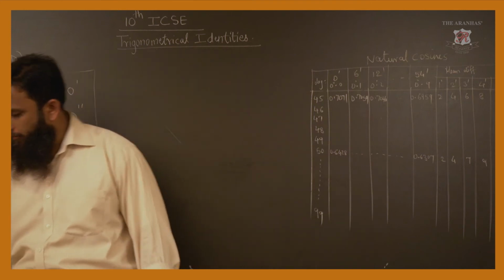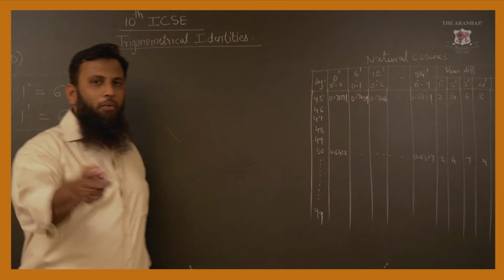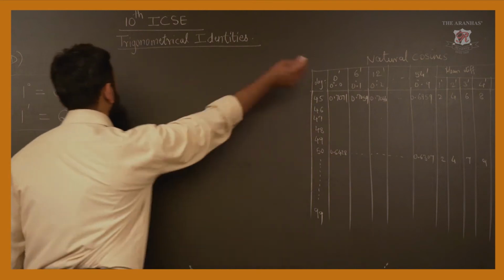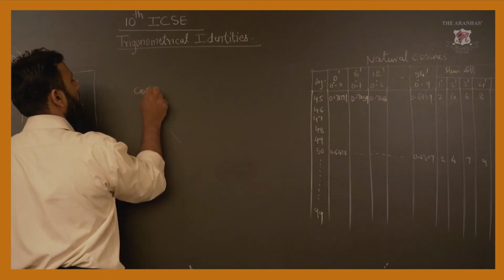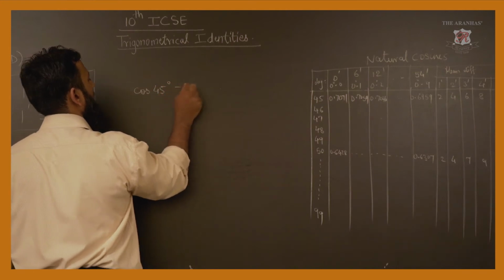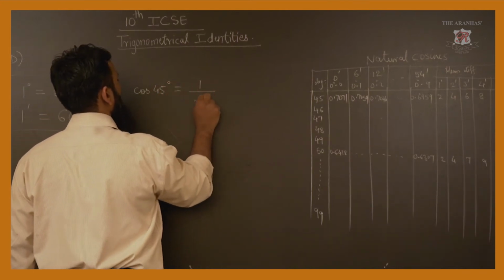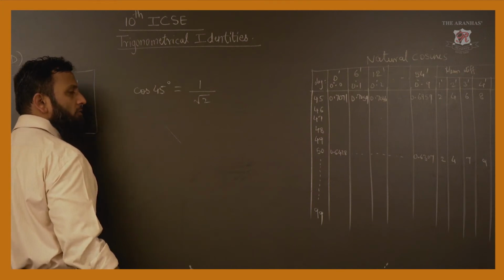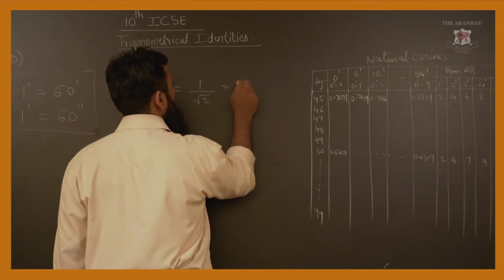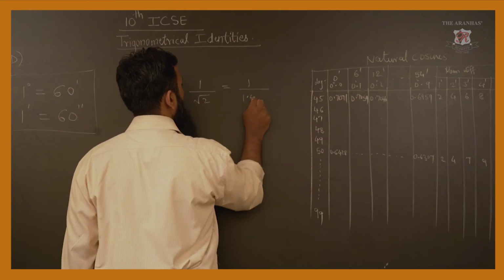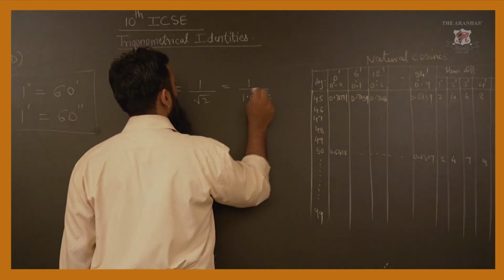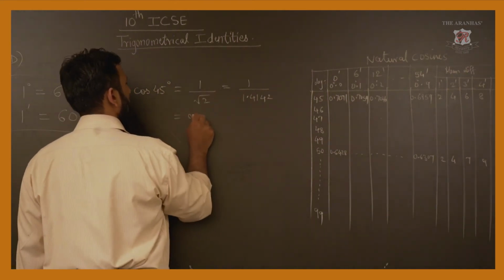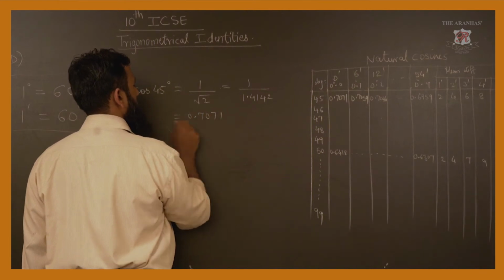Now, as I told you in the beginning itself, we are aware of cos 45 degree, which in fraction form is 1 upon root 2. Root 2 is 1.4142 and the value comes out to be 0.707.